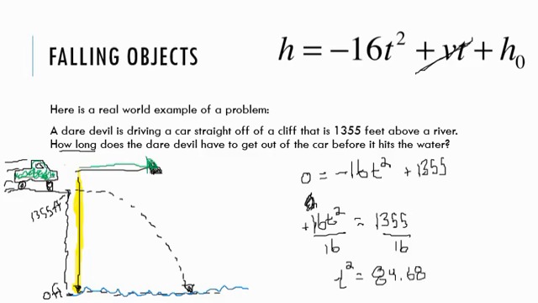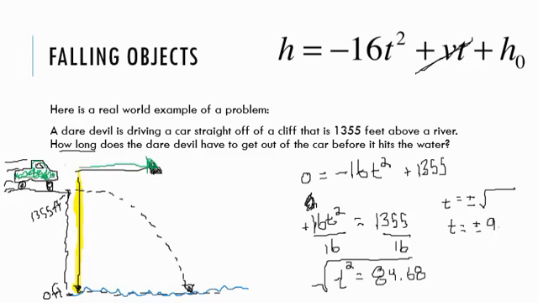If I take the square root of both of those, I'm going to get t equals plus or minus the square root. It's okay if you use a calculator here. If you want to reduce the fractions, that's fine too. So the square root of that answer is 9.2, plus or minus 9.2.